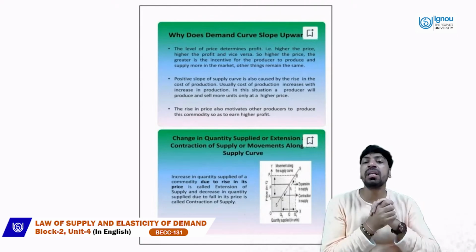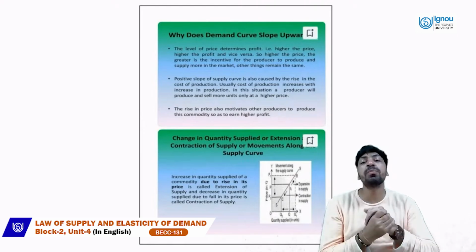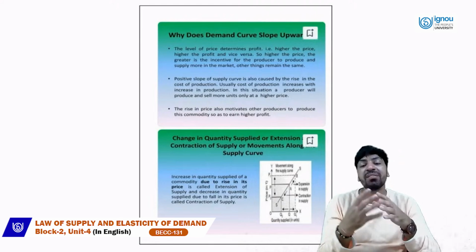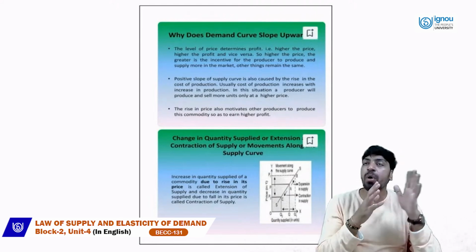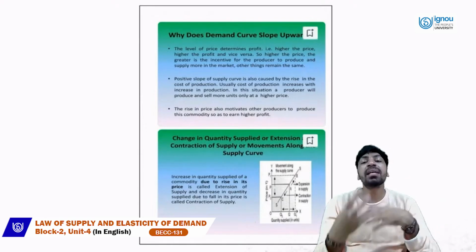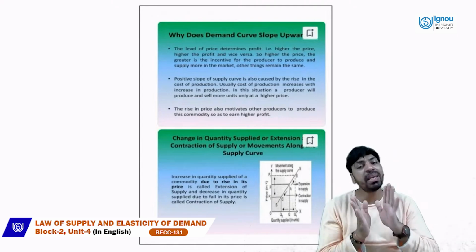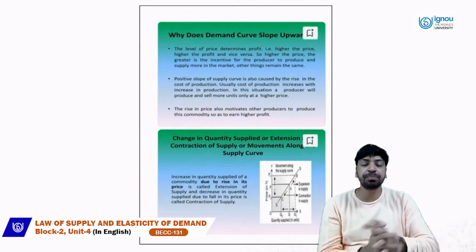Lastly, the rise in the price also motivates the producers or sellers to produce the same commodity at a higher price to gain maximum or higher profits, and those are the three main reasons that the supply curve slopes upwards.